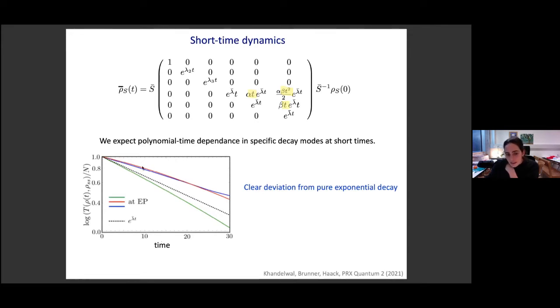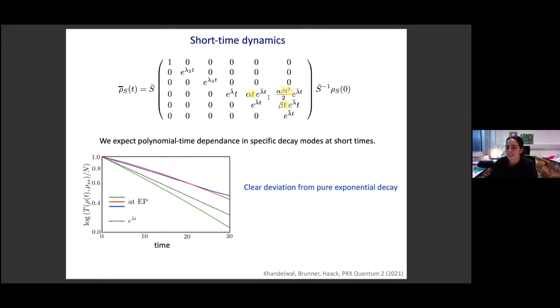And this is illustrated by this green, blue, and red line at short times. This is just an illustration of the maths that are in this Jordan form.